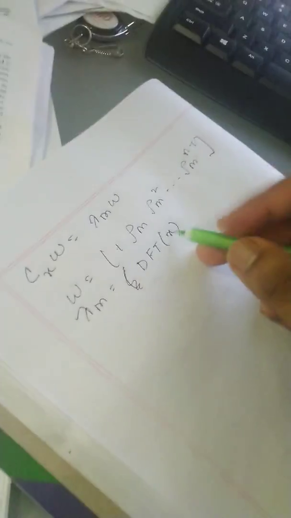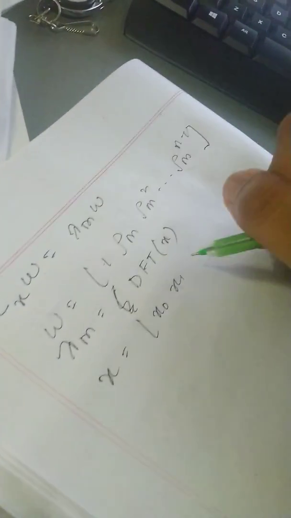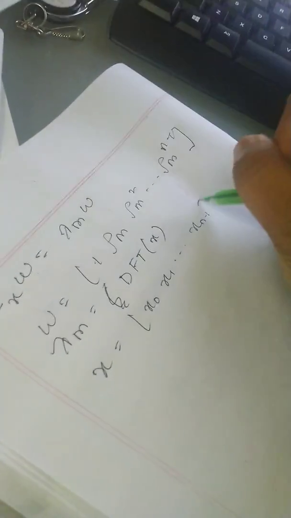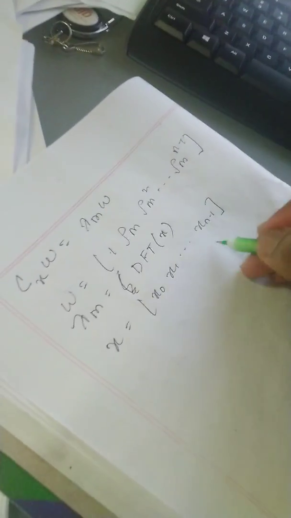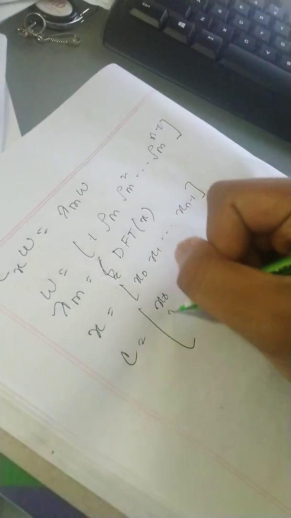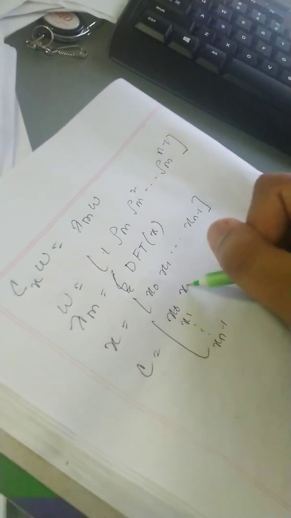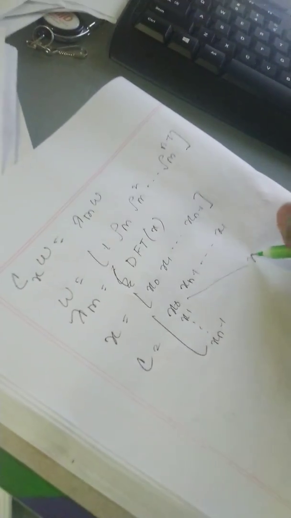And what is x? X is just an n-element vector, which is the first column of the circular matrix C. So here, this will be x of n minus 1 all the way to x of 1, and this will be x0.